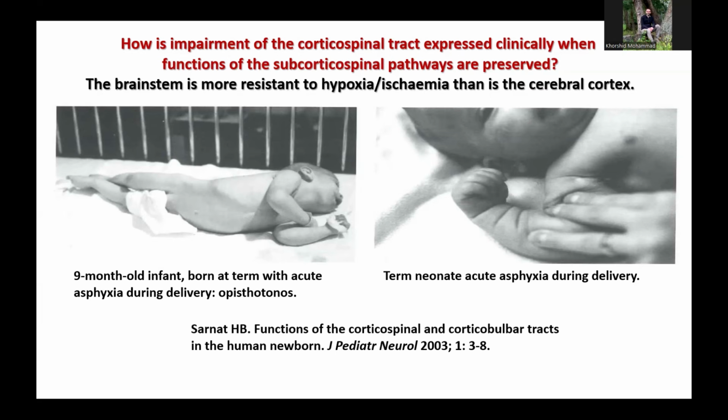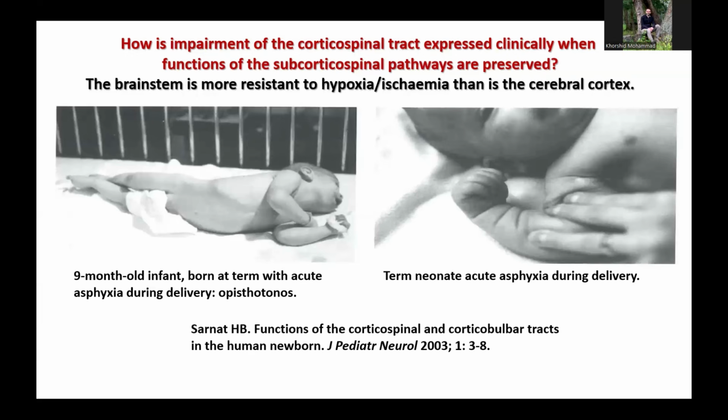And you see the hips are in strong extension. And if you look closely at the hands, you'll see that there's a cotton wad that the nurse put in his hand so he won't damage his palms with his own fingernails because of the strong flexion.